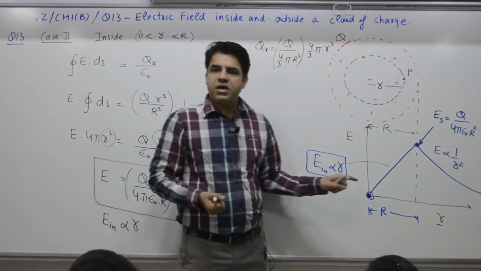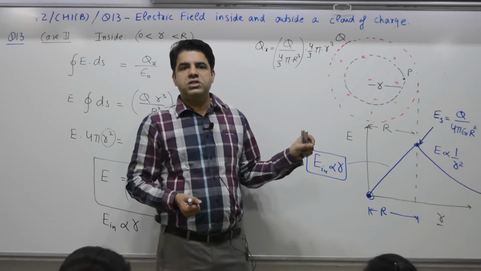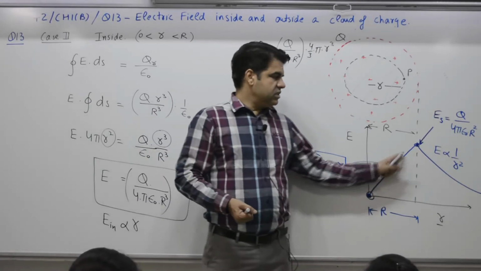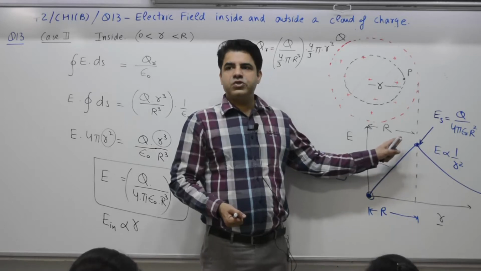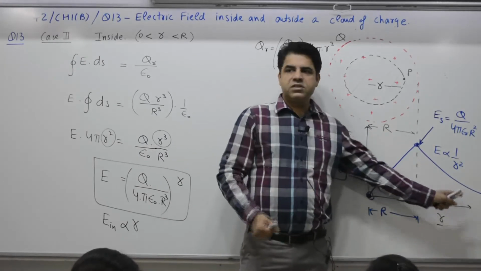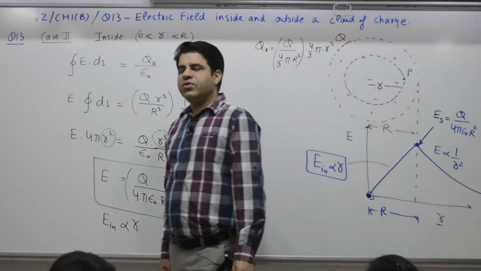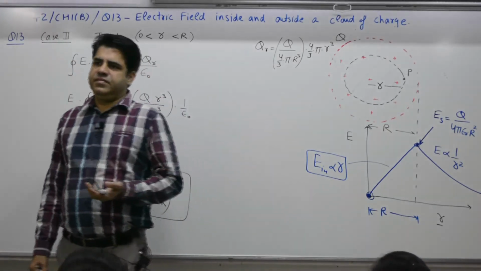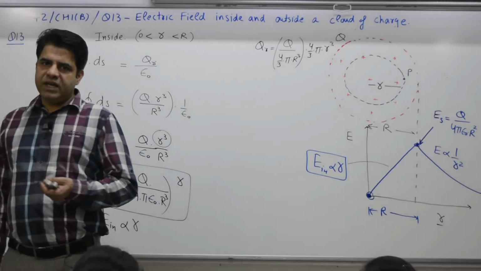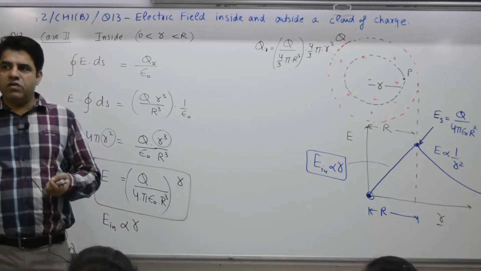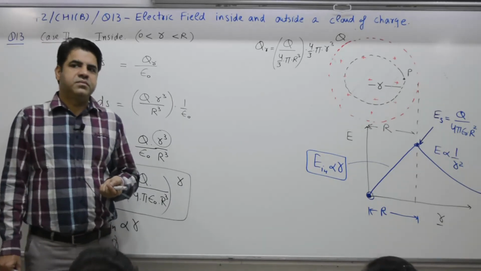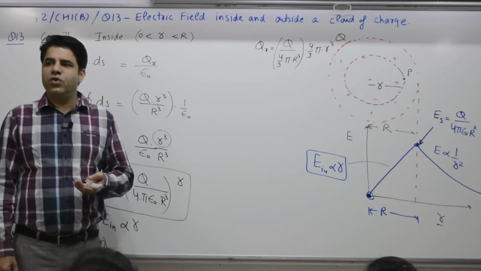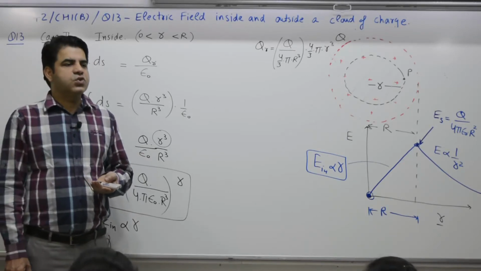So you are getting the same graph as the variation of small g inside and outside Earth. Inside, directly proportional to r, outside inversely proportional to r square. Why are you getting the same expression? Why is the graph of the same form? Because both follow inverse square law.